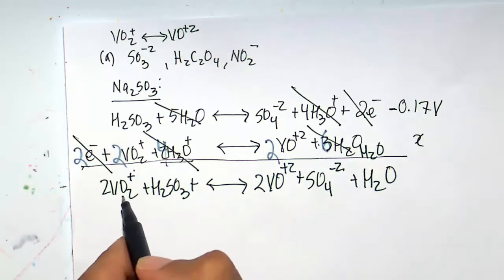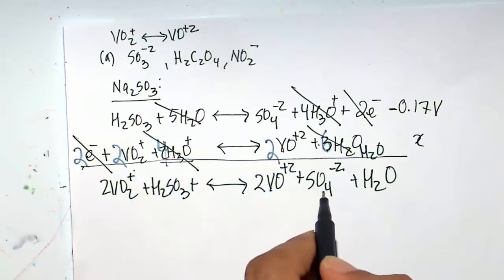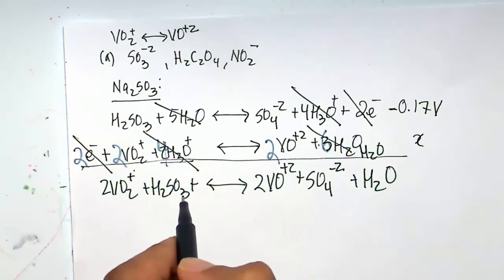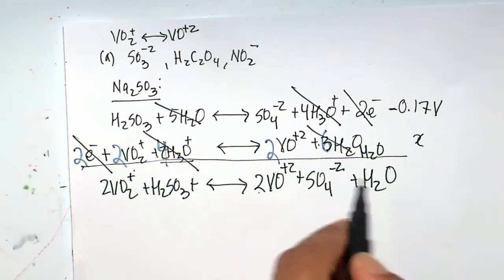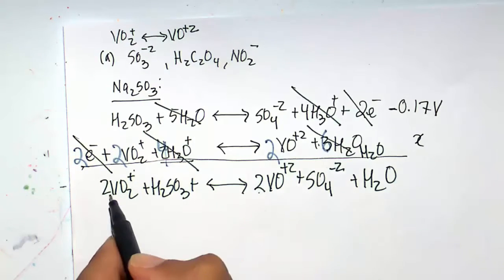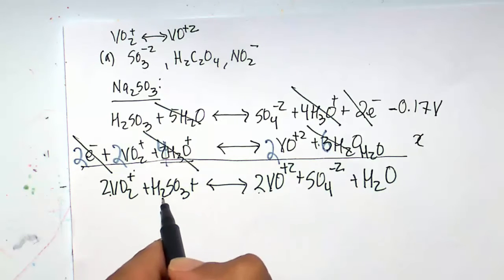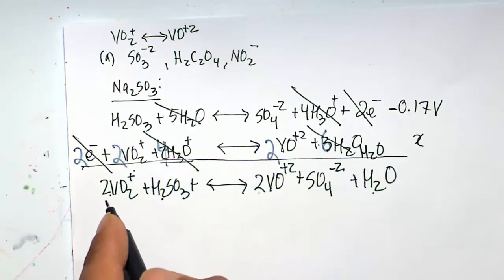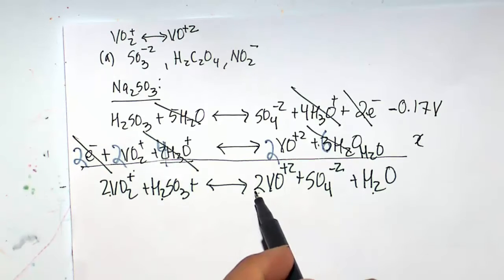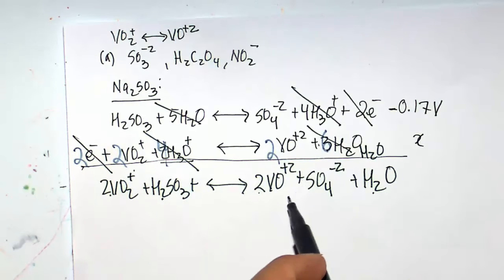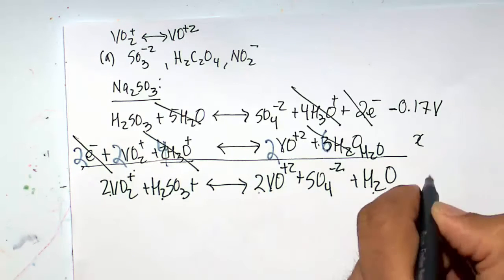So I think this is balanced. I'm pretty sure it is 5 oxygens. 4 plus 3 is 7 oxygens, 2 plus 6, 7 oxygens, the 2 V, 2 V, 2 hydrogens, and I think we're balanced. Plus 2 plus 4 minus 2 is plus 2.